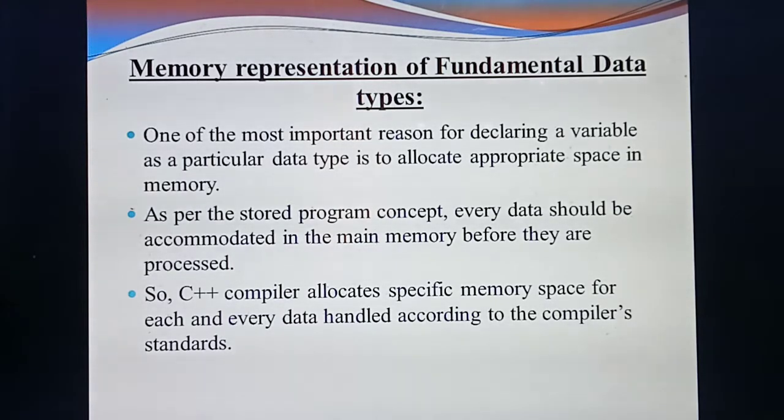A and B. In the program you declare A and B. Immediately the compiler will allocate some space for the variable A and some space for the variable B. Understood? That is what we call memory representation.